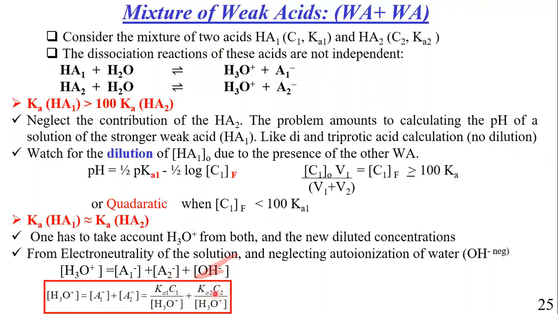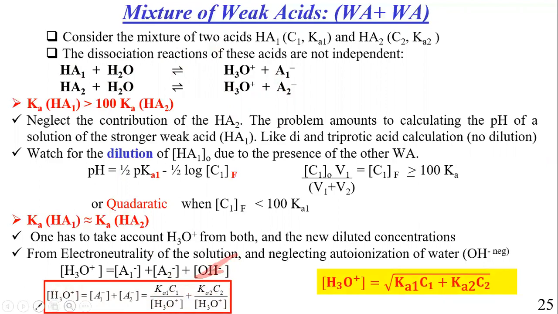Once we substitute that back in and solve for H3O+, we multiply the whole equation by H3O+, and we get H3O+ squared equals this expression. So H3O+ equals the square root of Ka1 C1 plus Ka2 C2. Guys, I talked about all this. It boils down to this equation in yellow.